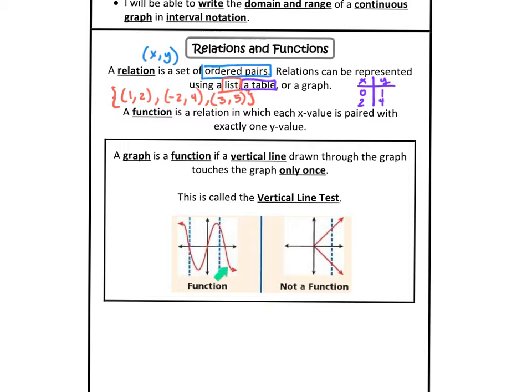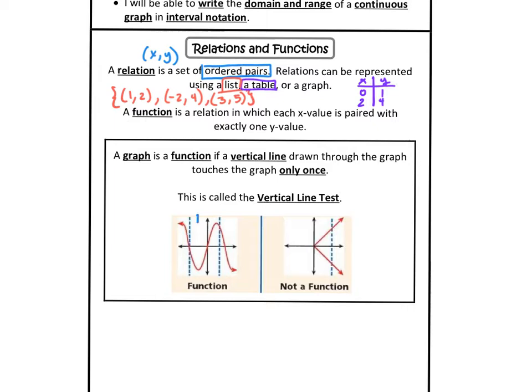I gave two examples down here. Let's check it out. My graph is the red one, this crazy curve here. The vertical line test says if I draw a vertical line at different parts, I can even add more lines to it.